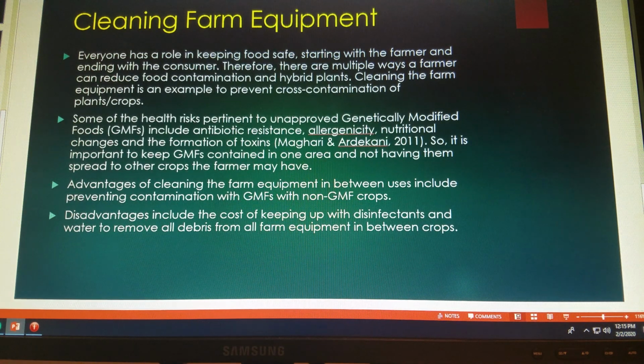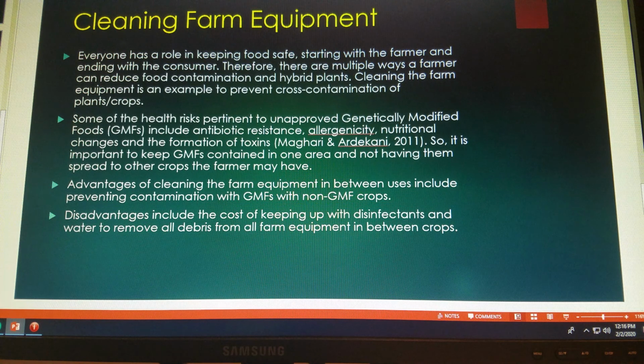And that third one was cleaning the farm equipment. So everyone has a role in keeping food safe, starting with the farmer and ending with the consumer. There's multiple ways they can do that, but cleaning their farm equipment has got to be helpful for preventing cross-contamination of plants and crops.